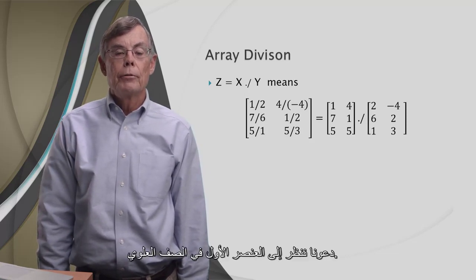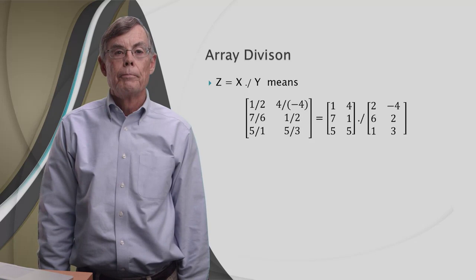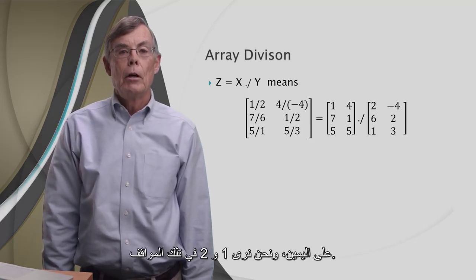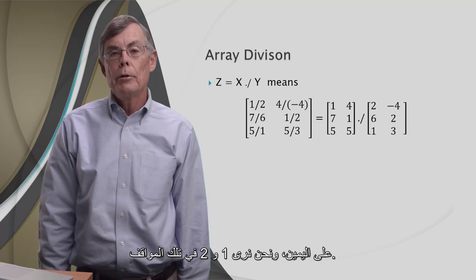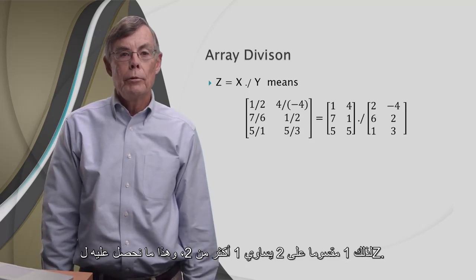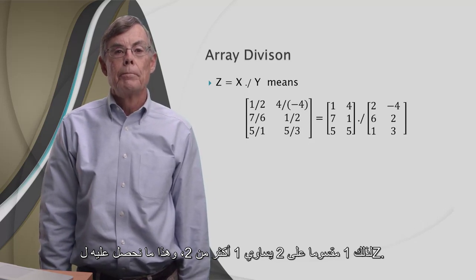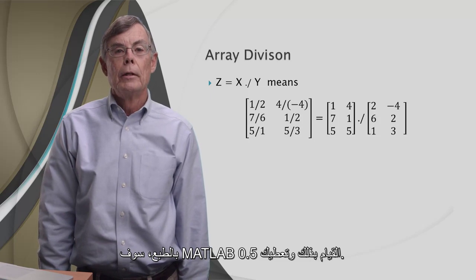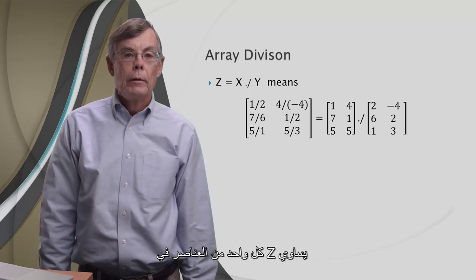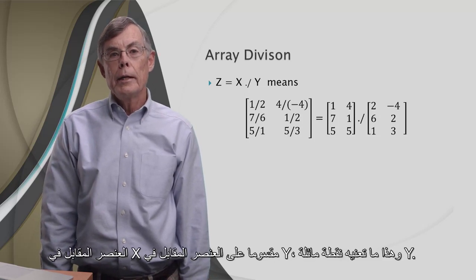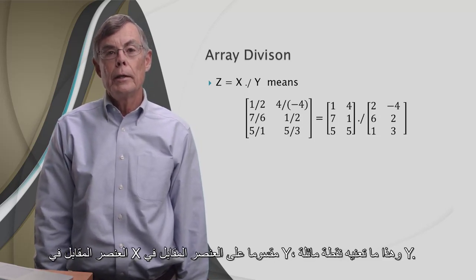Let's look at the first element on the top row. We see 1 slash 2. Over on the right, we see a 1 and a 2 in those positions. So 1 divided by 2 equals 1 over 2, and that's what we get for z. Of course, MATLAB will carry that out and give you 0.5. Every single one of the elements in z is equal to the corresponding element in x divided by the corresponding element in y.